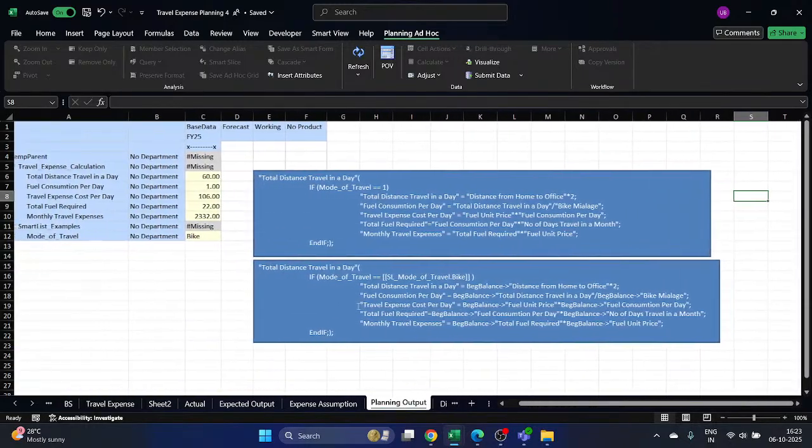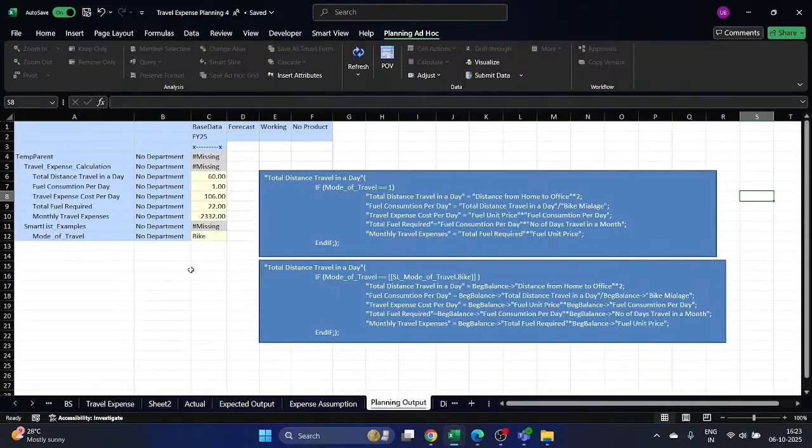Here the same way, the business rule is also here, like the total distance traveled in a day.